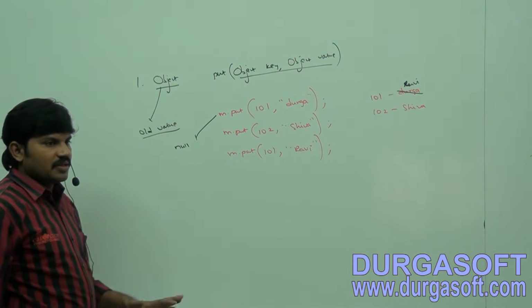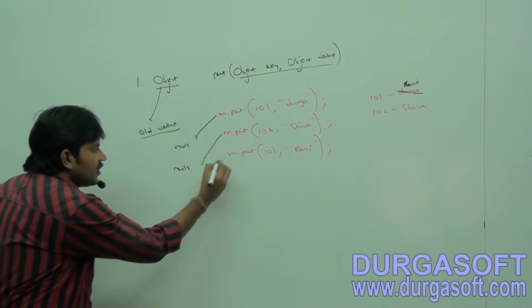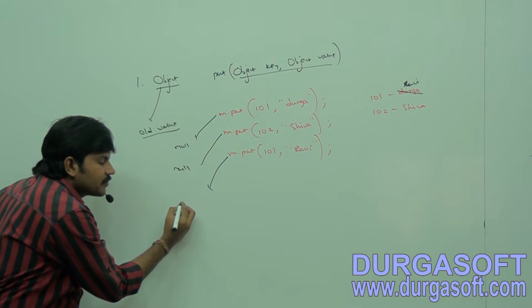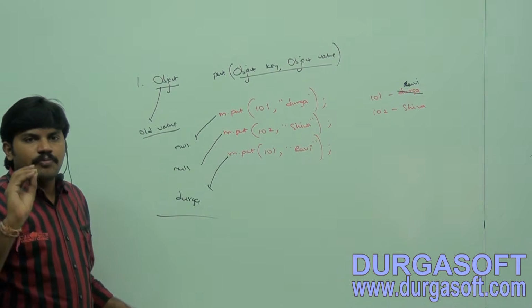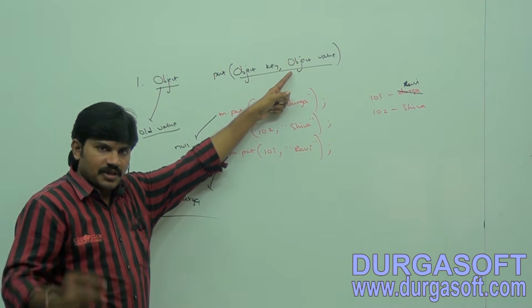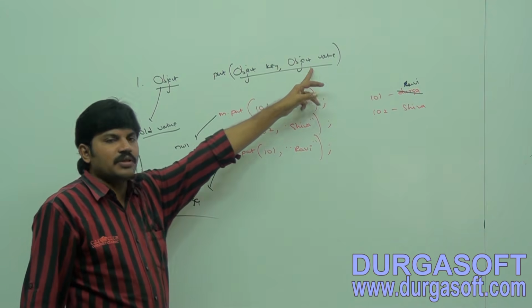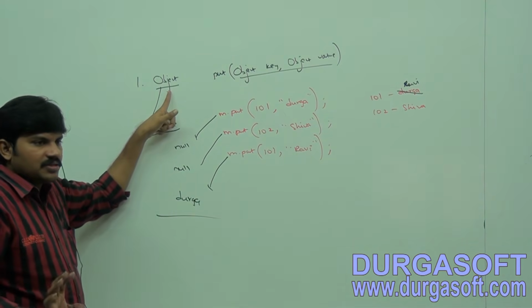Boss, this key is not there. We didn't replace anything. But in this case, Durga will be returned. Are you able to understand? Put method adds one key value pair to the map. If a key is already present, then the old value will be replaced with the new value and it returns the old value, right? Okay, this is about the put method.